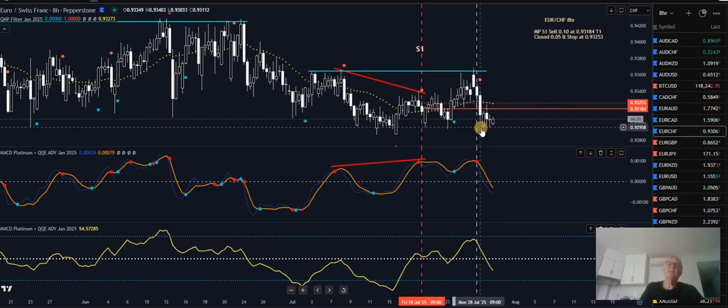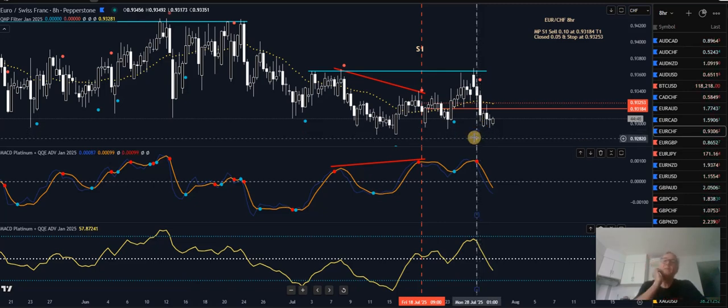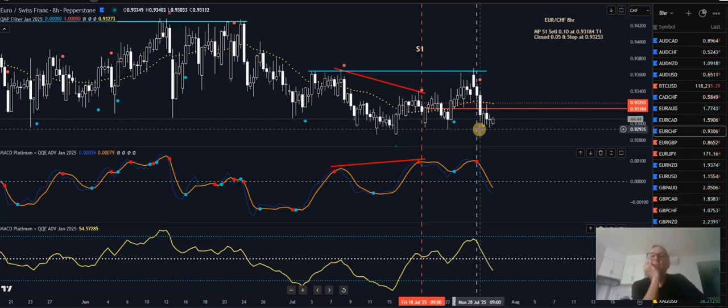Looks like I've missed that second sell completely, which is a bit stupid. I don't know what I was thinking there. I'll have to check the spreadsheet, but it looks like I've missed that second sell, which is a mistake by me, but no harm done other than lack of profit. Because now the MACD platinum's through the 0 level, so I've closed half and put a stop in place.